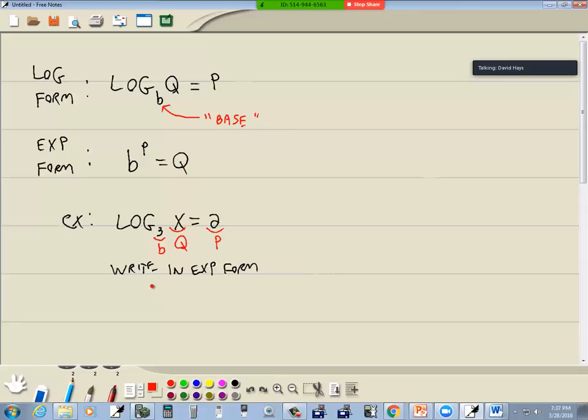And our exponential form is b to the p is equal to q. So we just plug in what we identified. b was 3, p was 2, and q is x. And that's our answer. Now they're not necessarily looking for you to do any kind of simplification there. We're just practicing going back and forth between the different forms.